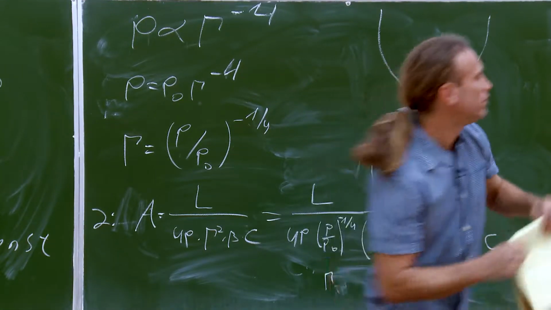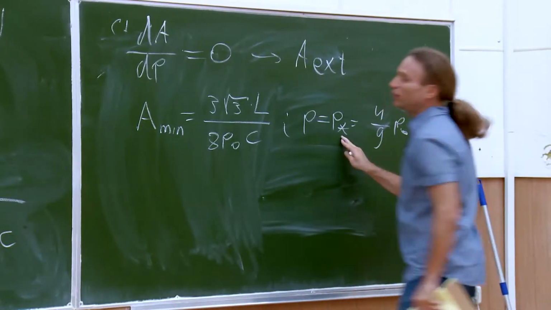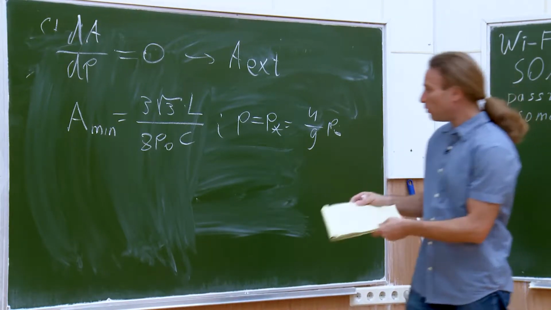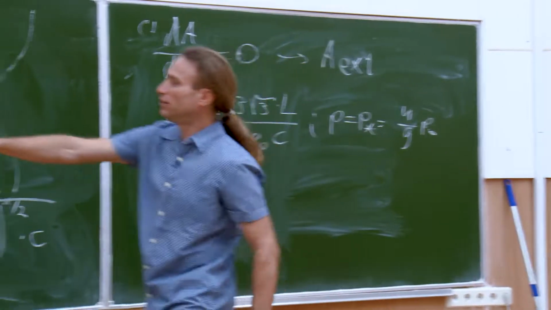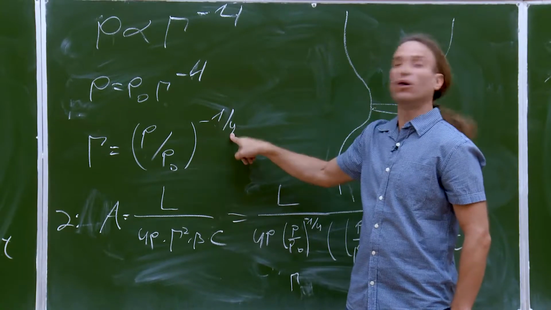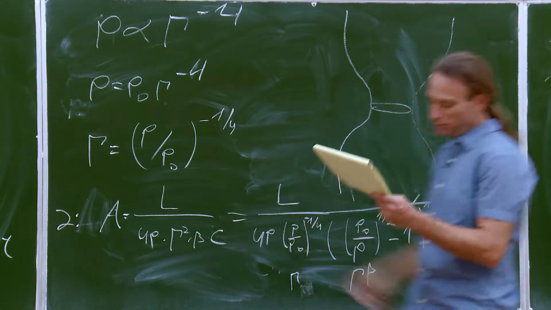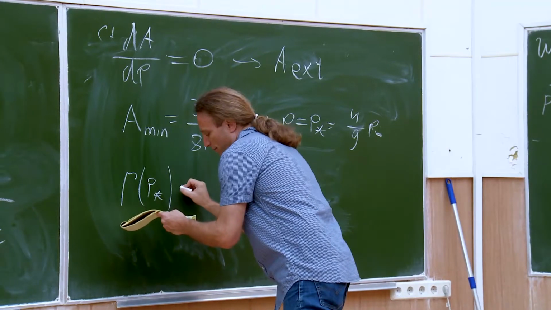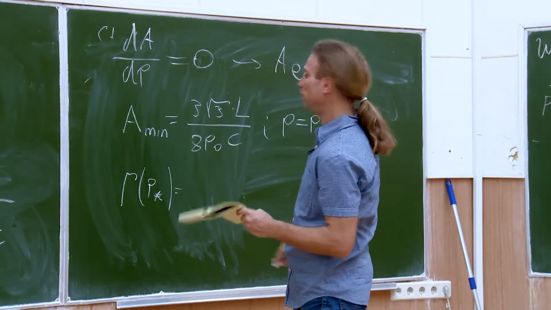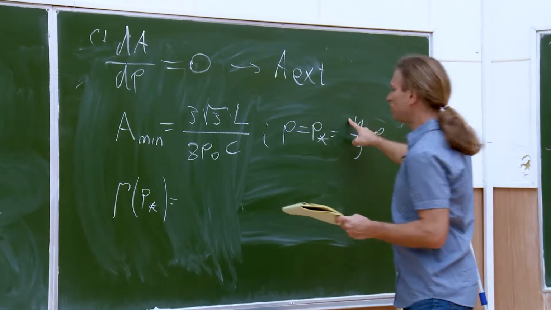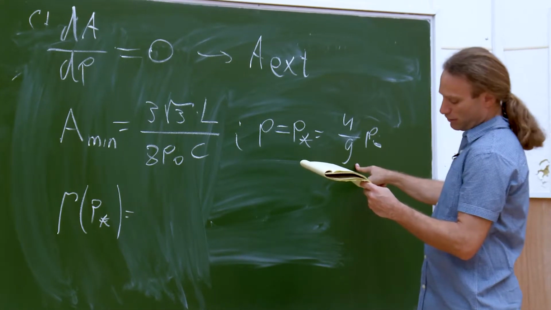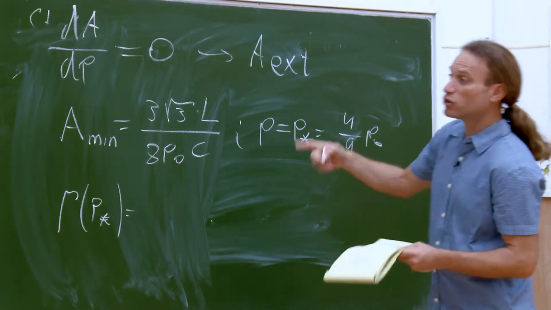So this is the pressure at the minimal point. If this is the pressure at the minimal point, remember that gamma is equal to P divided by P0 to the power of 1 minus 1/4. So gamma at P star is equal to P divided by P0, which is just 4 divided by... to the minus 1/4.